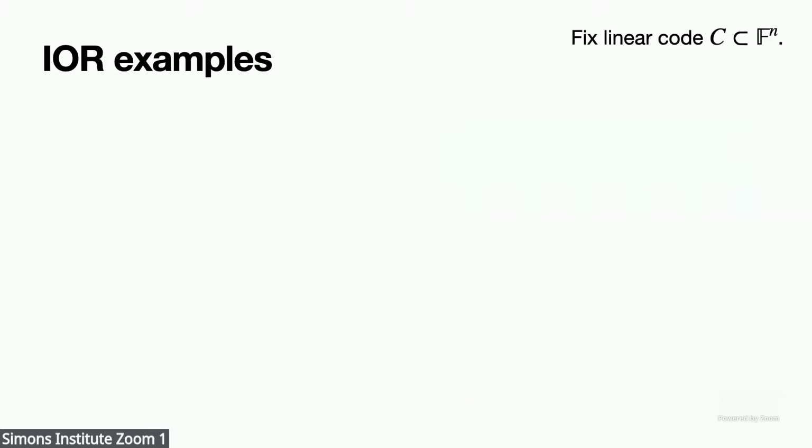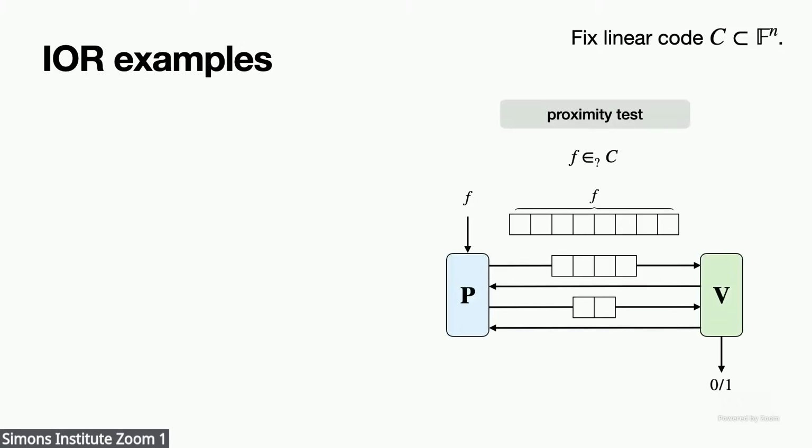So I have some examples of IORs that many of us have probably encountered before. First, let me fix a linear code C for the rest of this talk. One type of IOR is a proximity test. You can imagine the verifier has oracle access to some purported codeword of C, and it wants to test that this is actually the case.